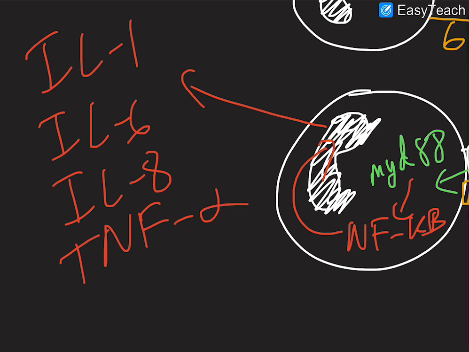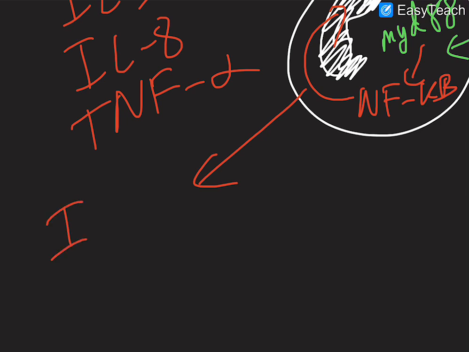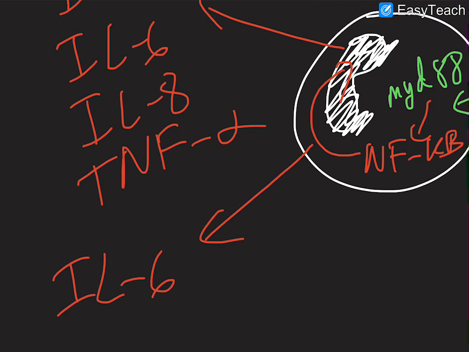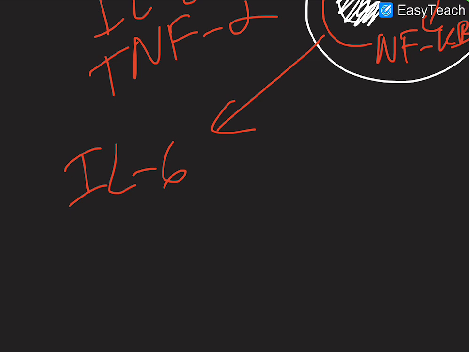But the main thing we should focus on is that when nuclear factor kappa B goes to the nucleus, gene expression gets induced and you release cytokines. A major cytokine in this case would be interleukin 6, which we already said up here.